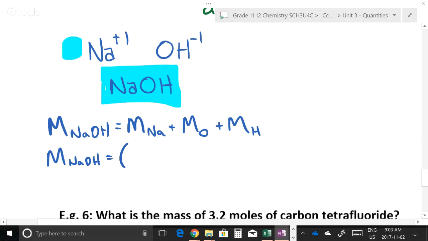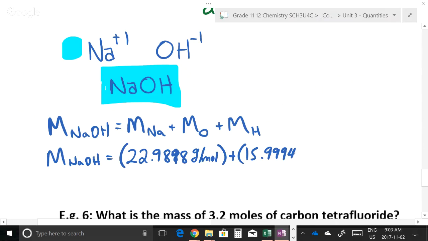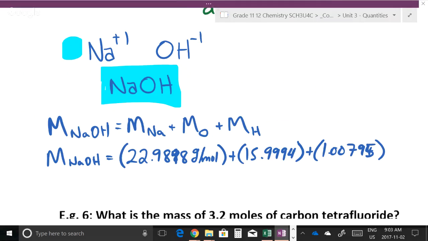What's sodium again? 22.9898. Sorry about that. And oxygen is 15.9994. And hydrogen is 1.00794. Grams per mole, because I'm lazy. Here, let's fit that in.